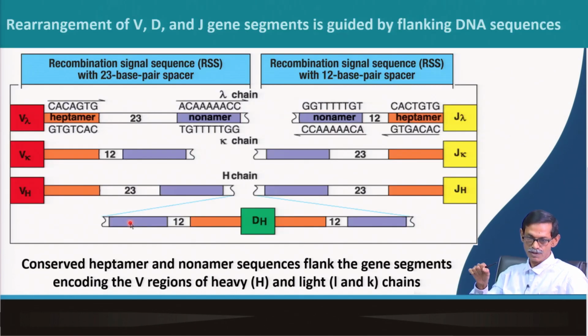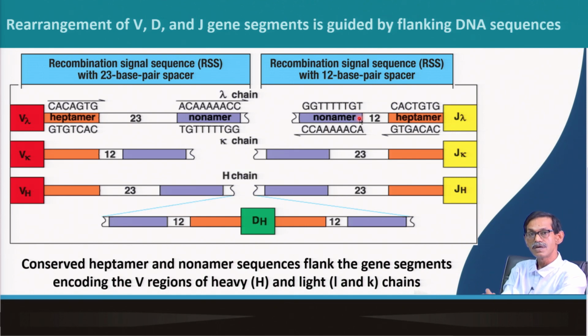Okay. I am going back to the previous slide. Here you see this heptamer is spaced by a 23 nucleotide spacer. Similarly, the J of the lambda chain has a heptamer, but with 12. So, this heptamer can join with this heptamer, because one is 23, another is 12.